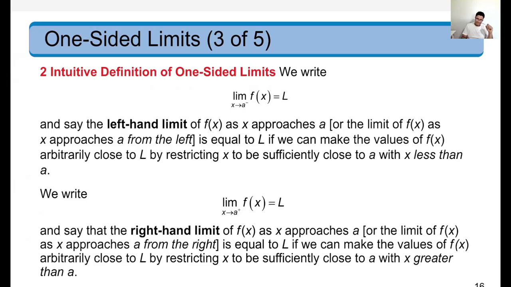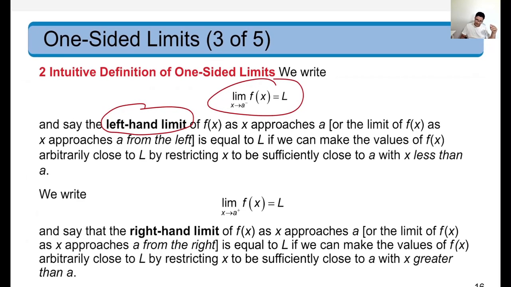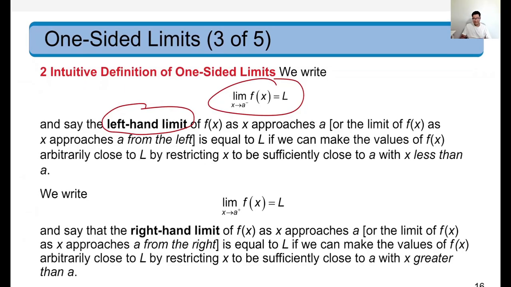Intuitive definition of one-sided limits. By the way, approaching from the left is also called the left-hand limit, as you can understand. The intuitive definition here is similar to the intuitive definition of the general limit that we studied earlier. The only extra thing is that the number L will be the left-hand limit of the function f as x approaches a if for any arbitrary number that you give me, I can make the difference between f of x and L less than that number.